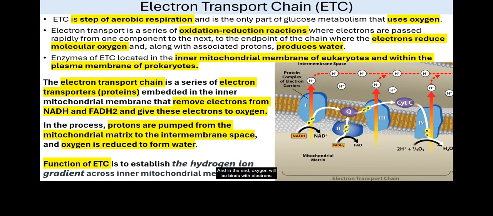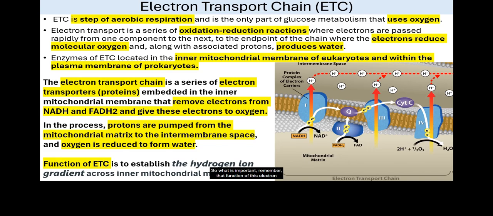In the end, oxygen will bind with electrons and produce water, and protons will be accumulating in the intermembrane space. So we're pumping hydrogen ions through these electron transporters, collecting electrons and producing water from oxygen.